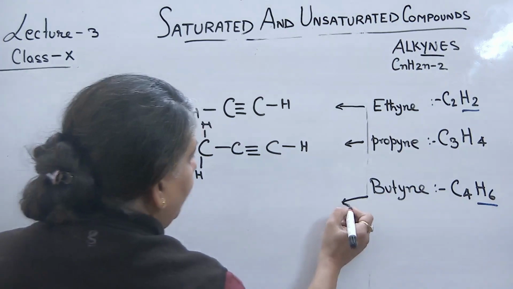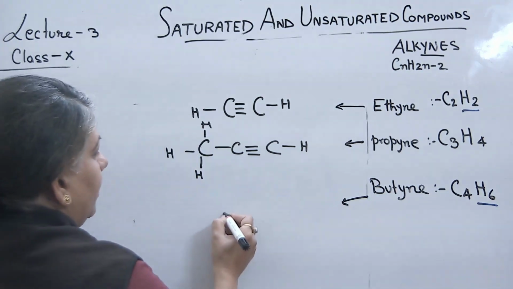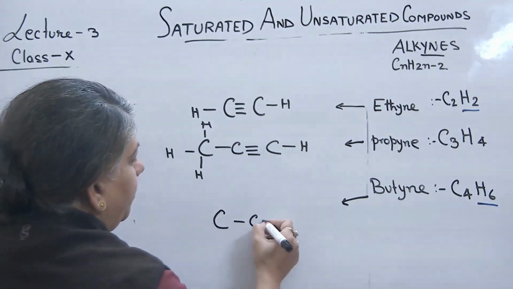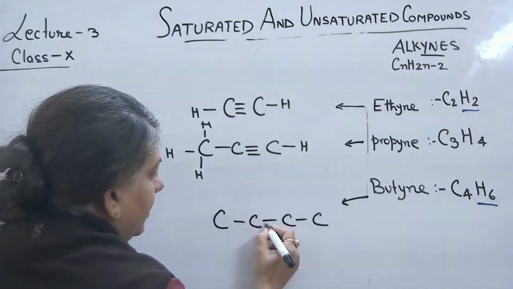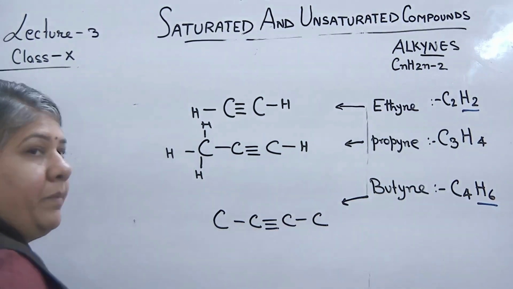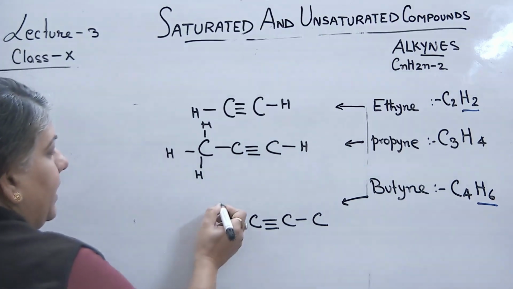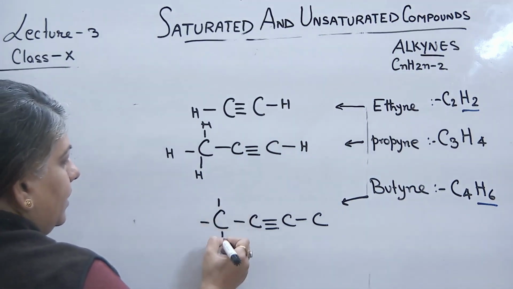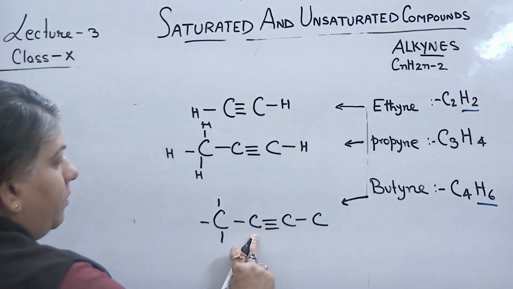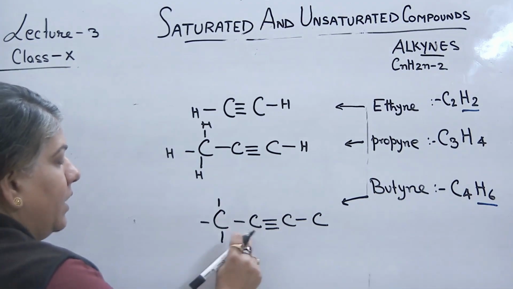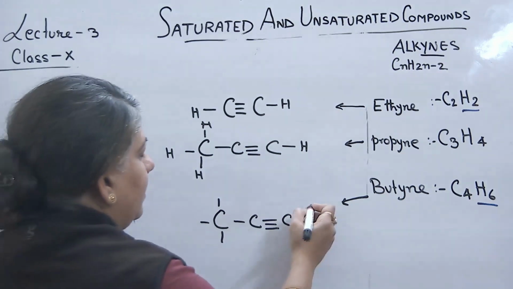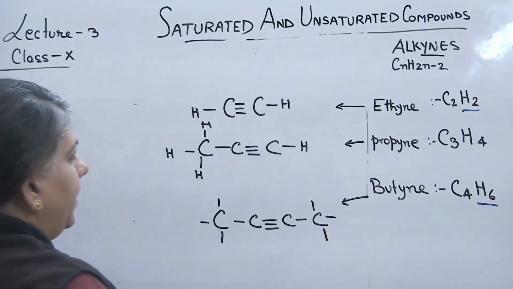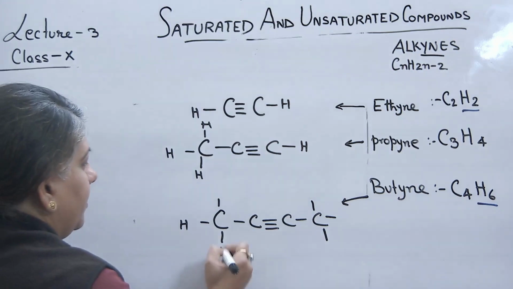Similarly, write the formula for butyne. But means it will have 4 carbon. Yne means the compound will have a triple bond. Now complete the tetravalency. Here we will not put any hydrogen because tetravalency is complete. Here also tetravalency is complete, and here we place 3 hydrogen.